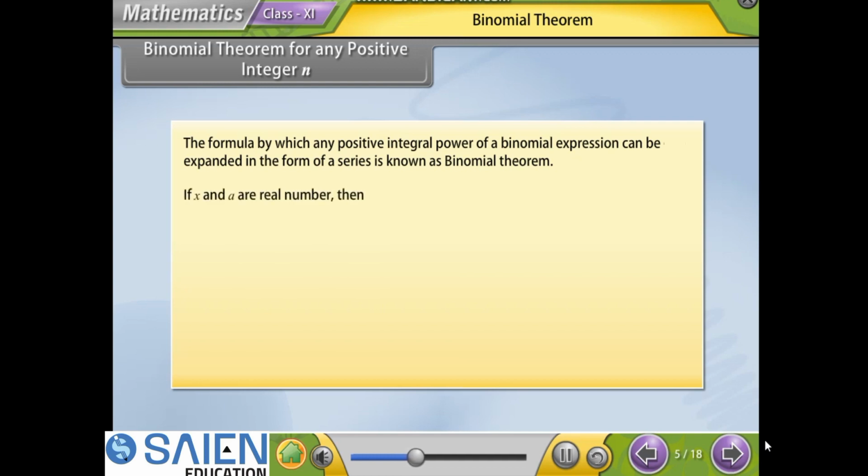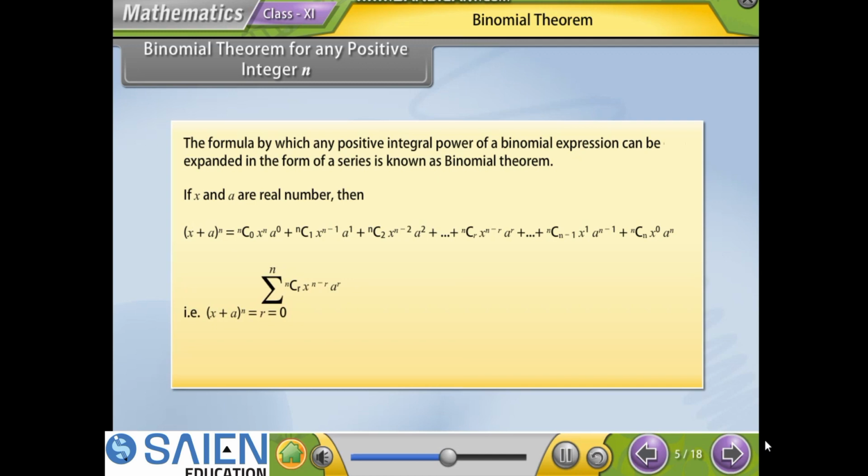If x and a are real numbers, then x plus a raised to power n is equal to summation from r is equal to 0 to n of nCr into x raised to power n minus r into a raised to power r. Binomial theorem can be proved by induction.